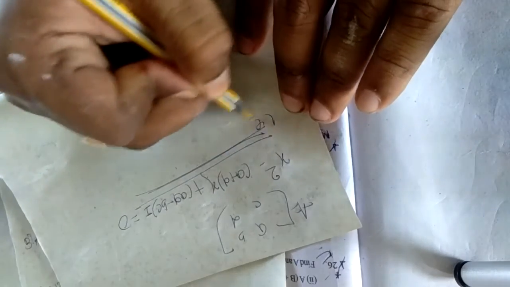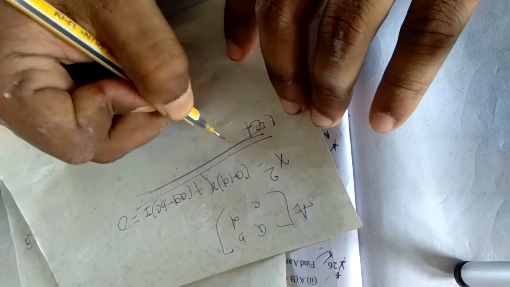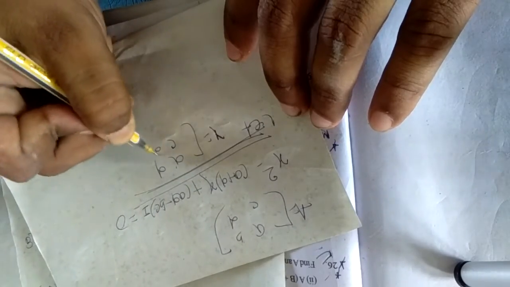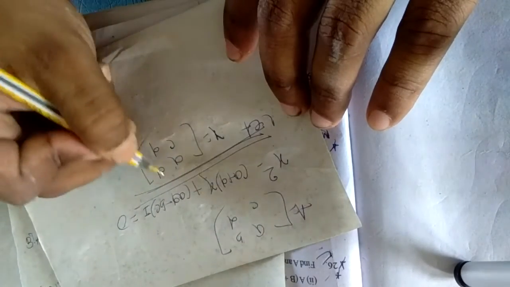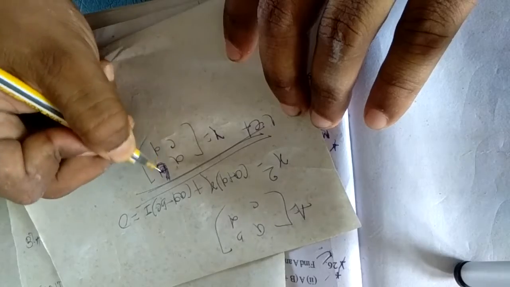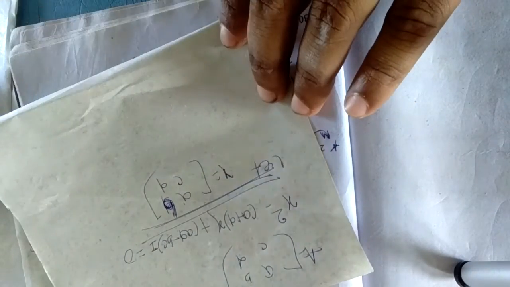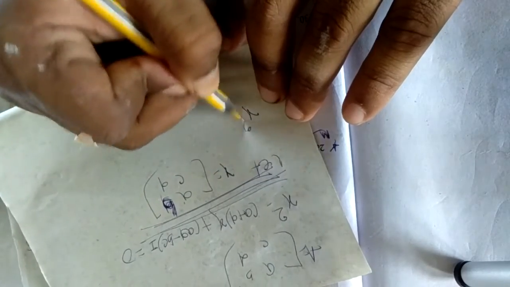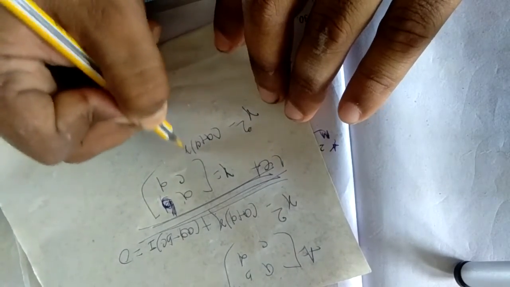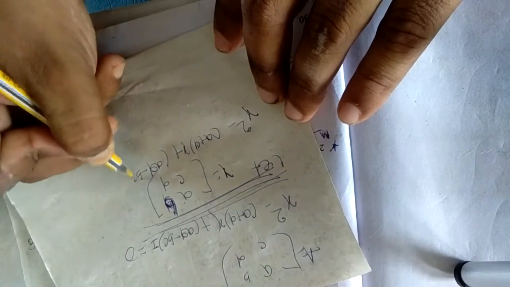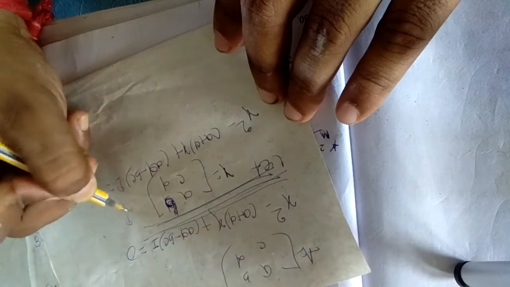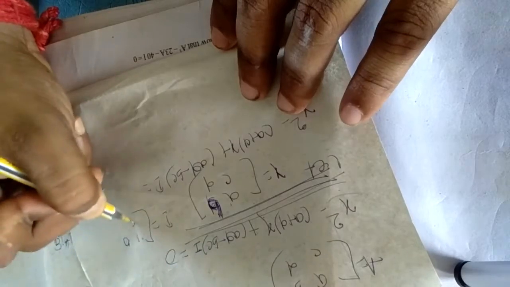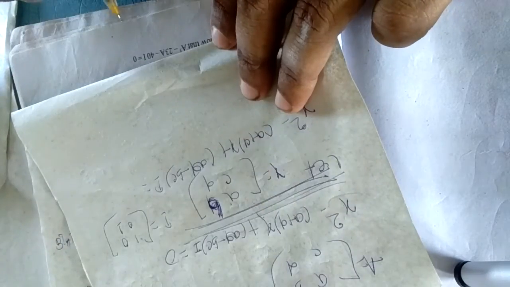Let us take X matrix equal to A, B and C, D. Now prove this equation, X square minus A plus D into X plus AD minus BC into I. I means identity matrix of order 2 by 2, that is 1 0 and 0 1.